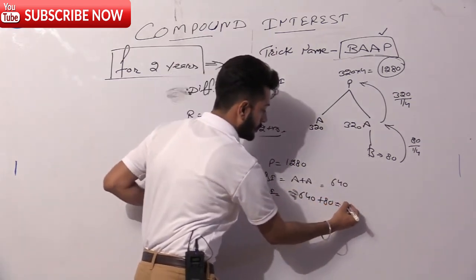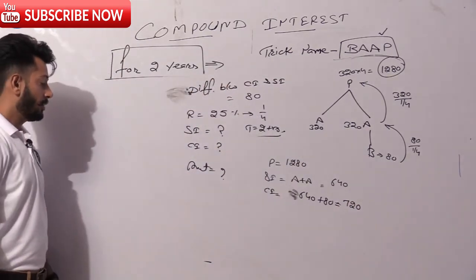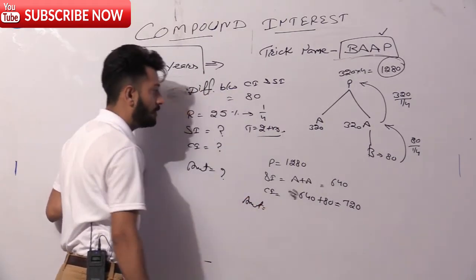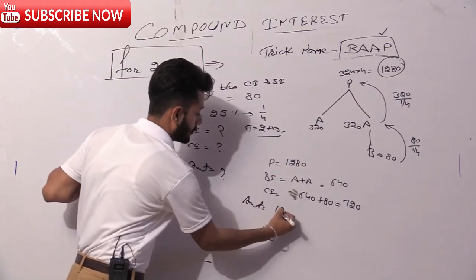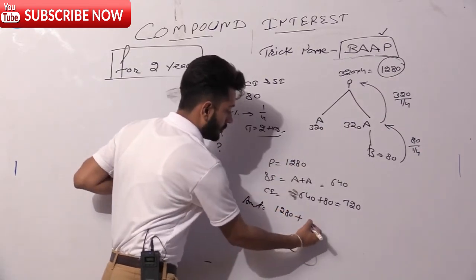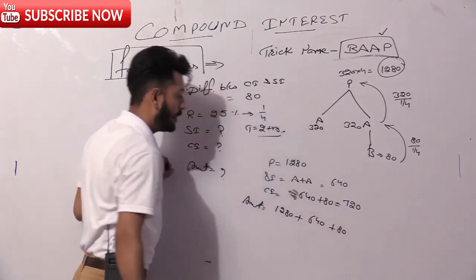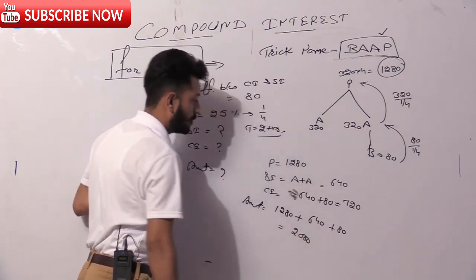It becomes 720. If it is asked to calculate the value of amount, we will add all the values, 1280 plus 640 plus 80, which becomes 2000.